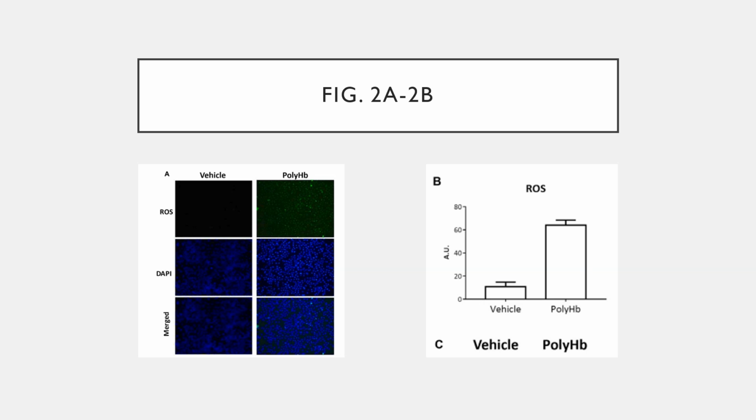That's in figure A, and figure B will show the ROS fluorescent intensity of the digested A549 cells following exposure for 24 hours to the polymerized hemoglobin and the vehicle control. After the 24-hour incubation, the A549 cells with the polymerized hemoglobin showed a significant increase of expression of ROS in comparison to the control group, which we can see here.